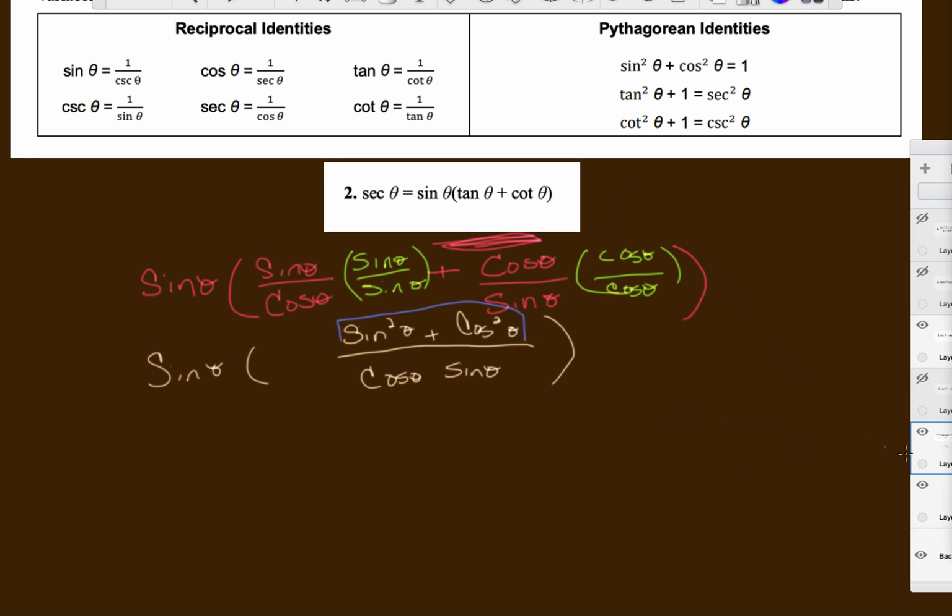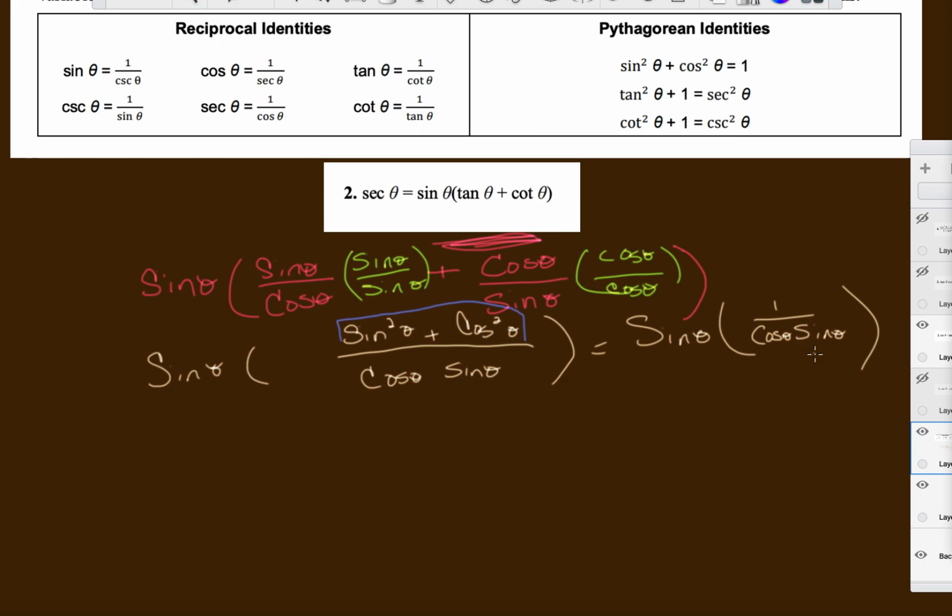So I'm going to rewrite the whole thing. And this equals sine of theta times 1 over cosine times sine of theta.